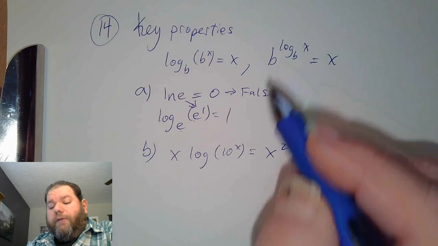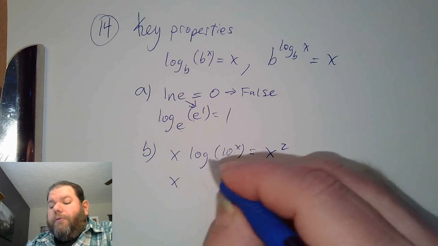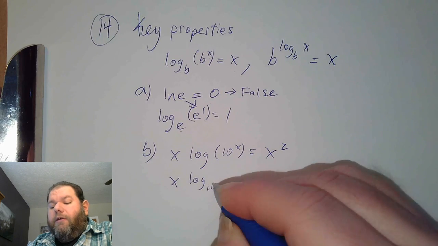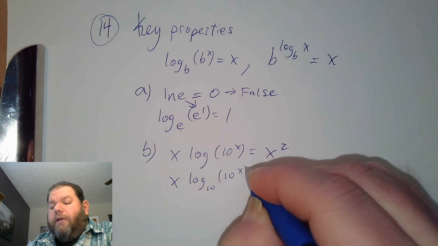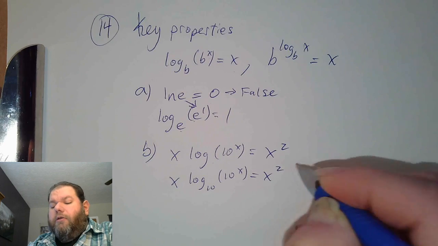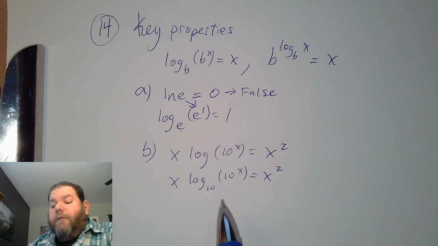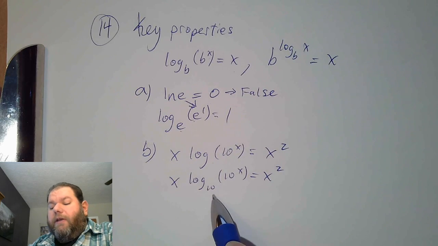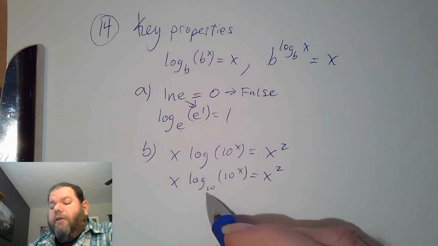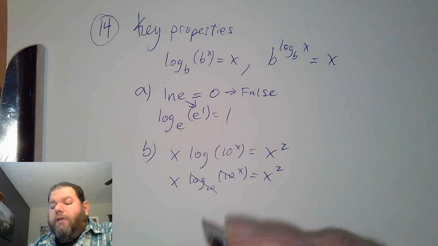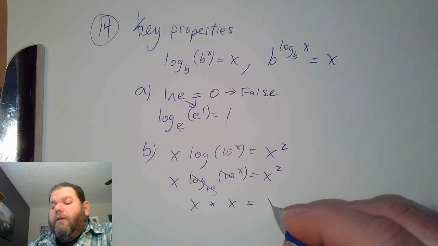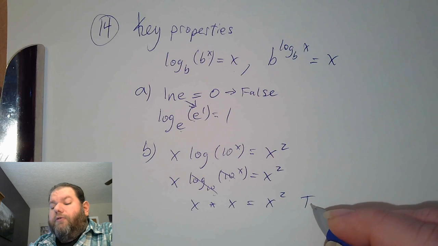But when we say log with no base, this is log base 10, and we have 10 to the x. Well, same rule. Log base b of b to the x is x. So log base 10 of 10 to the x, log base 10 and 10 cancel. So it's just x times x equals x squared, which is true.